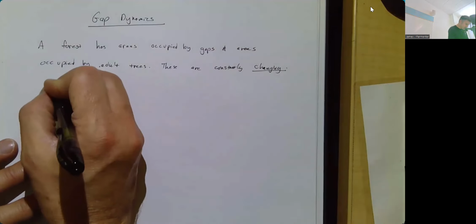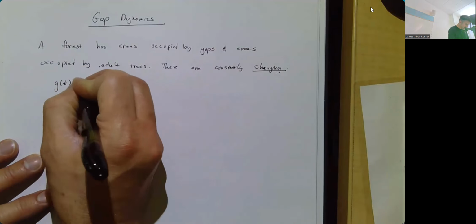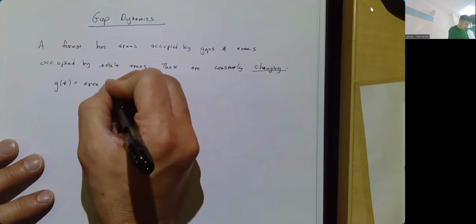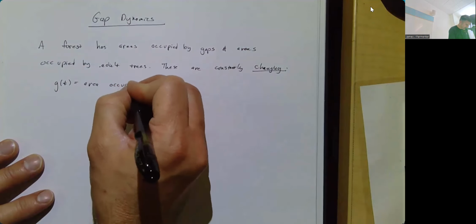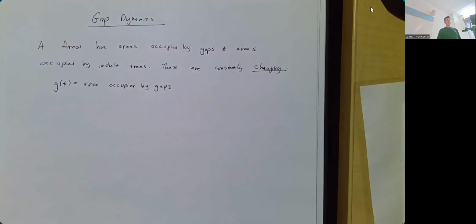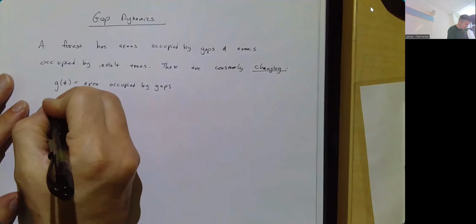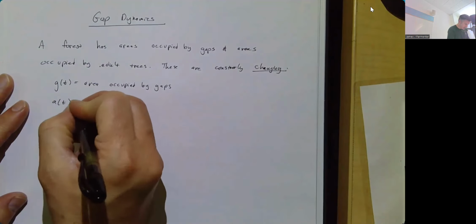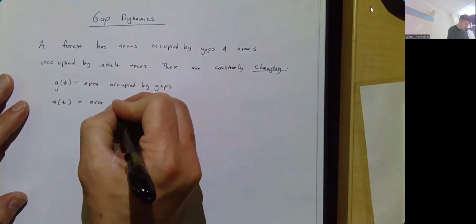But let's say that G of t is the area occupied by gaps at time t. That's why we're writing G as a function of t. Similarly, we'll say that A of t is the area occupied by adult trees.